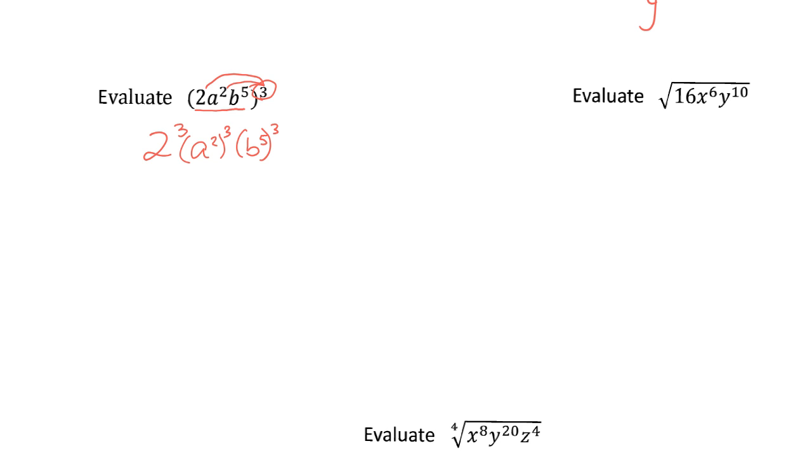Okay, so it's everything to the 3rd power. Now we evaluate those. 2 to the 3rd becomes 8. When we take a power to a power, remember we multiply. So 2 times 3 is 6. Same thing, a power to a power, we multiply. So now 5 times 3 is 15. And then that's our answer. Okay, so you have to distribute that 3 in before we can evaluate them.